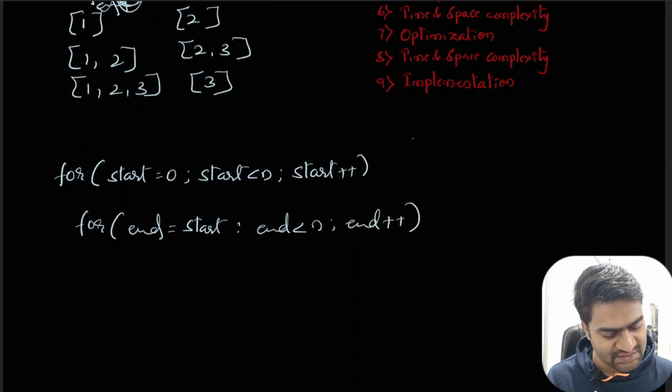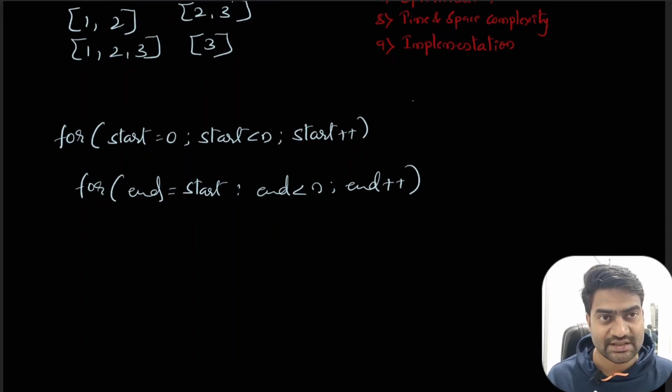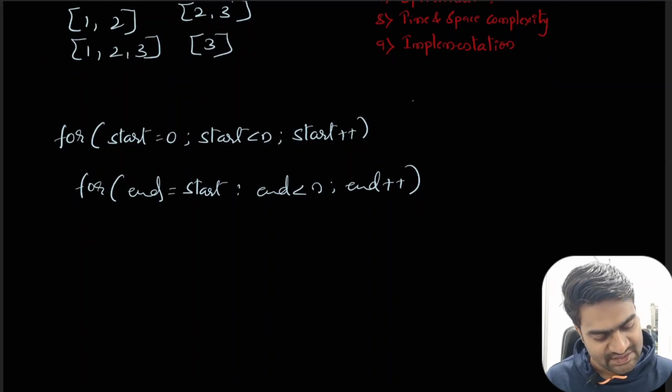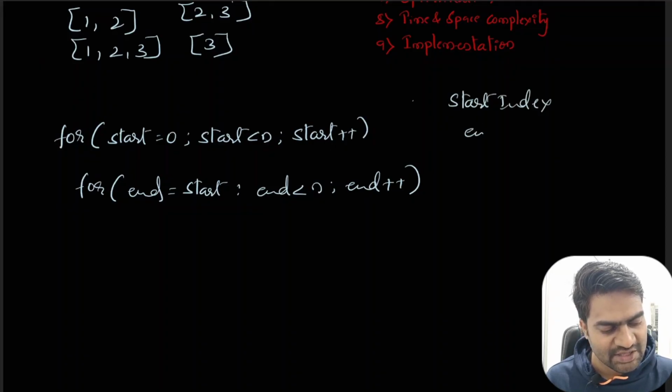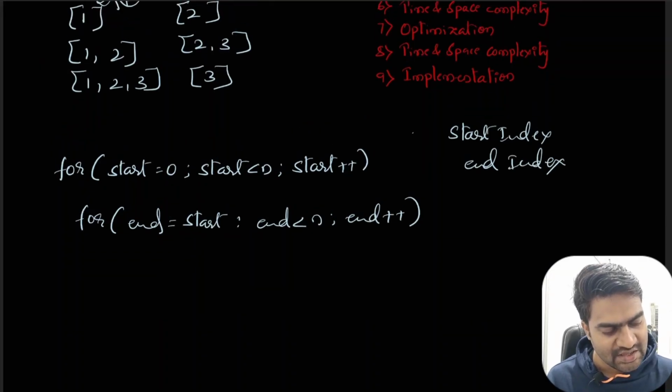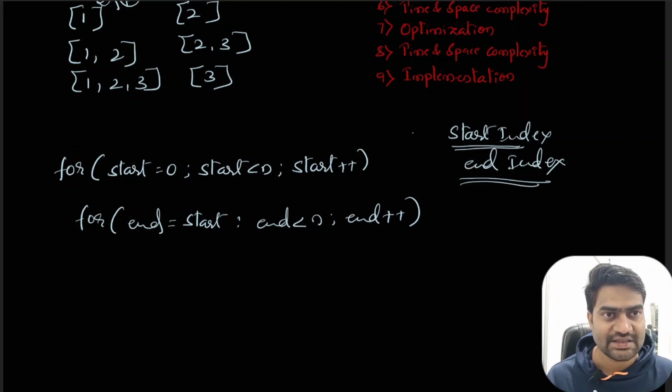Okay, so these two loops, what they do, they will basically generate us the subarrays. So start will be the start index of the subarray, and end will be the end index of the subarray. So if that is the case, whatever the numbers that are there between start and end index, they basically contribute to the subarray.